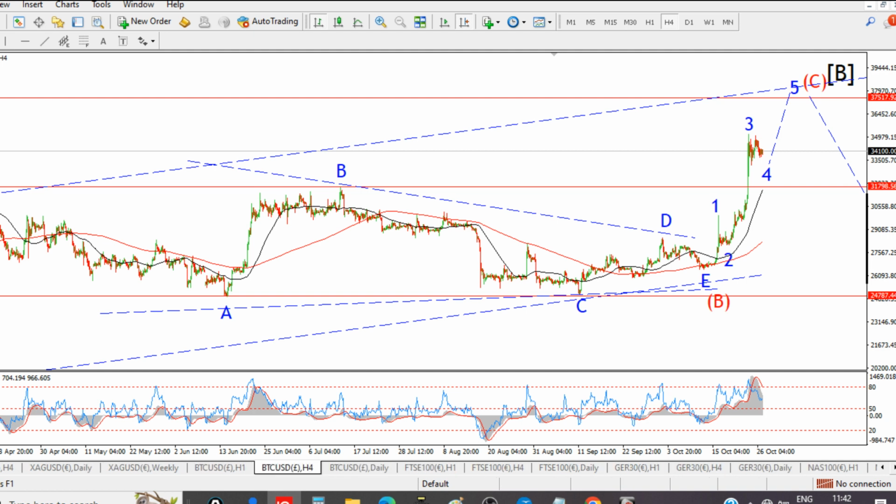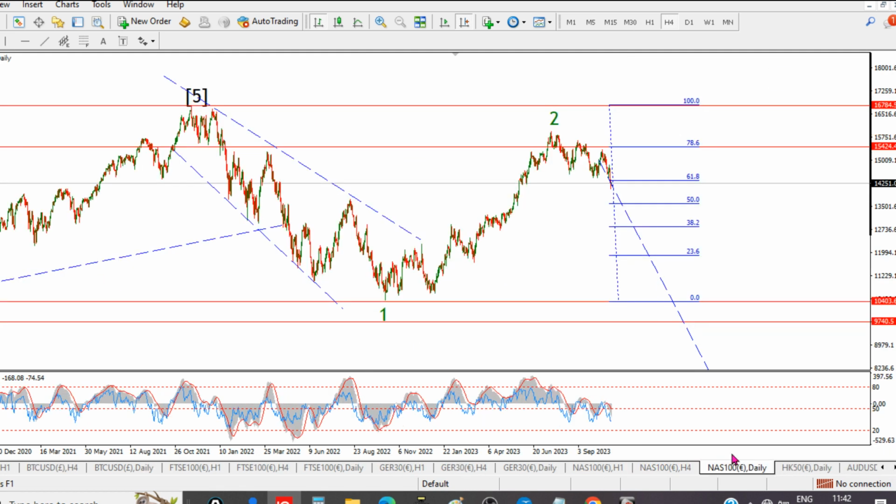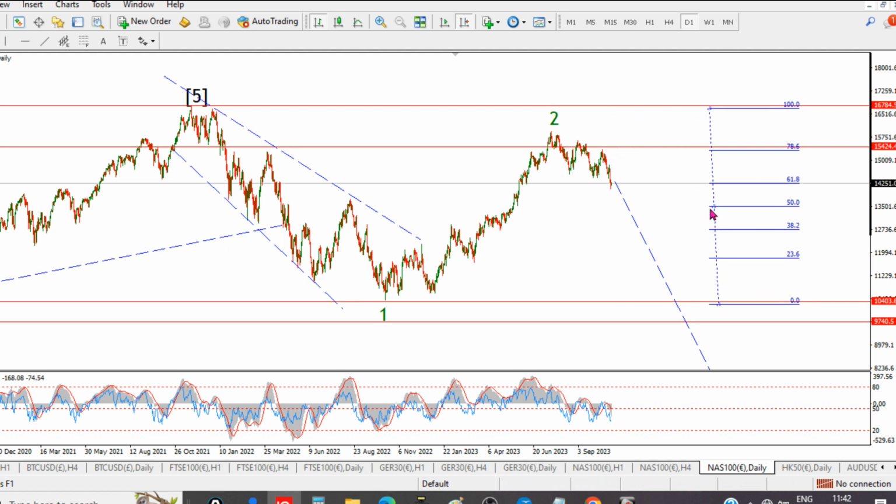Go to the NASDAQ for a second. We've extended lower in the NASDAQ, which should really start ringing bells for any bulls, because the NASDAQ is the concentration of the forces that drove the rally. The NASDAQ is the tech heavy, the bull heavy index.